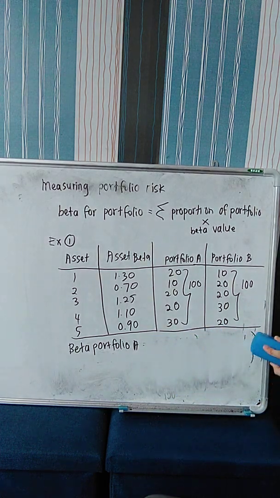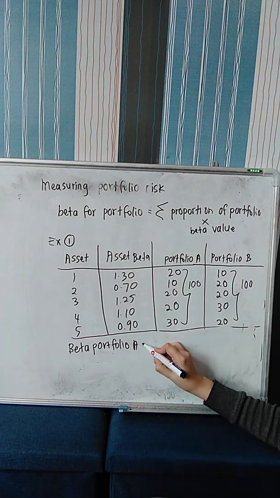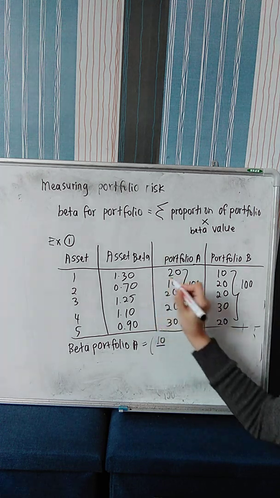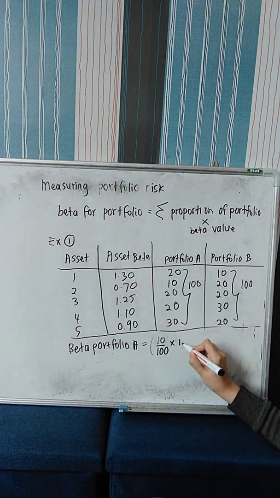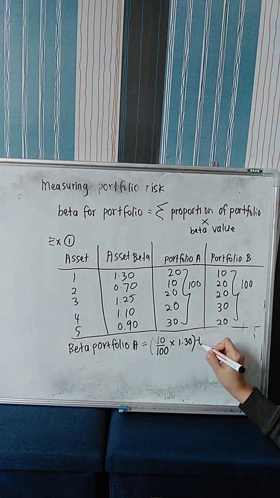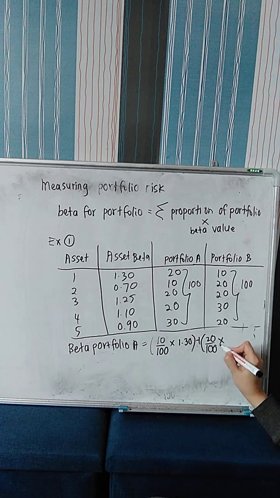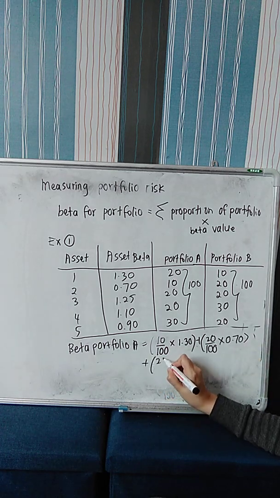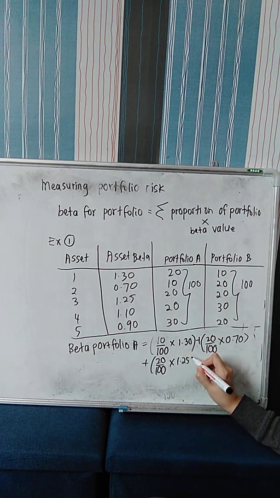Same step, okay, but different value. Okay, so start 10, you divide 100, you times the value of beta 1.30. Continue 20 divide 100, you times 0.70. Okay, plus 20, you divide 100, you times 1.25.